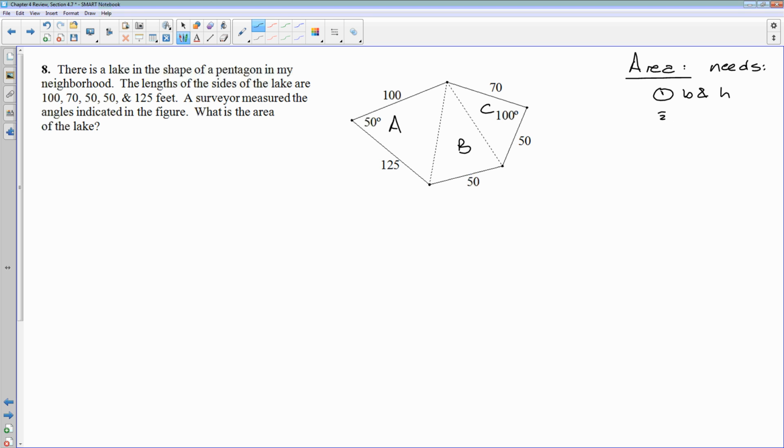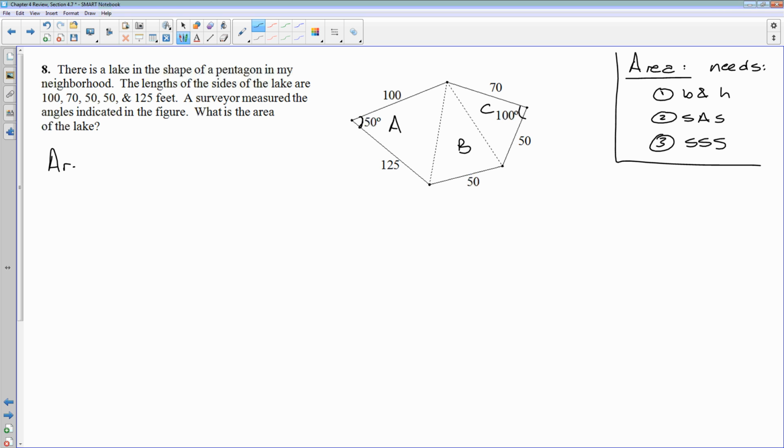If you don't have that, then you need either side angle side, or side side side. And if you look at triangles A and C, I do have 2 sides and the angle between the 2 given sides. So those 2 triangles are going to be nice.